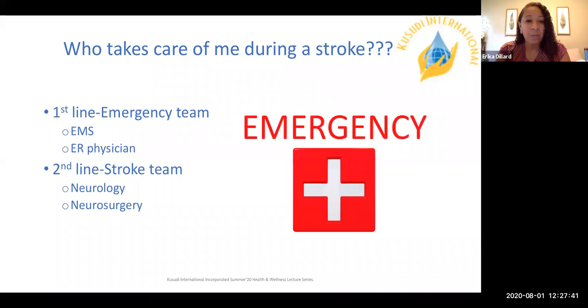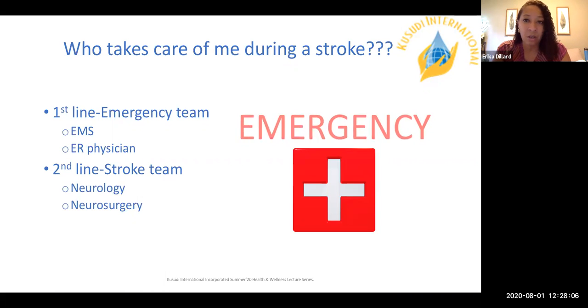When you get to the hospital, more than likely you're going to be approached by an emergency room or ER physician who also is well trained in recognition of stroke. That person is going to be responsible for alerting the stroke team, which is made up usually of a neurologist and maybe even a neurosurgeon. As I said before, there are more ways of treating stroke now than there were in the past.